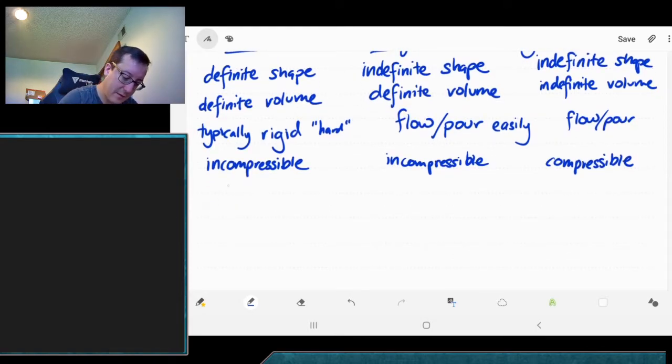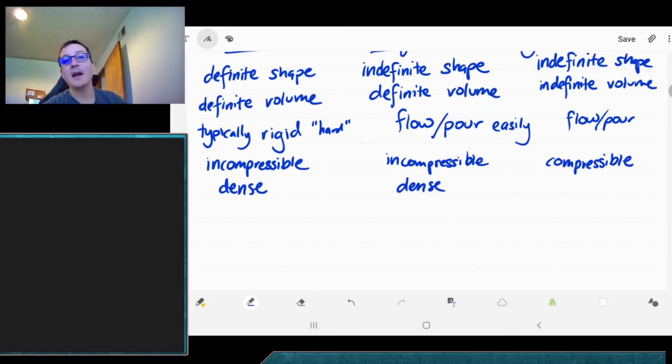What else do we have? Solids are relatively dense. So are liquids. By dense, I mean that they have a relatively large mass for their volume compared to gases, which are not dense. Gases do not weigh very much for a given volume. You might think of how heavy this is.